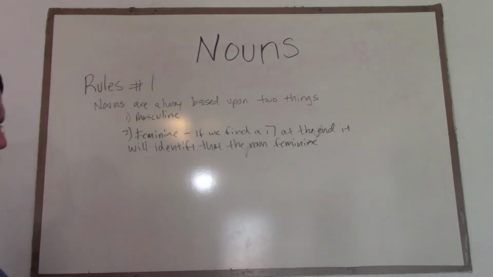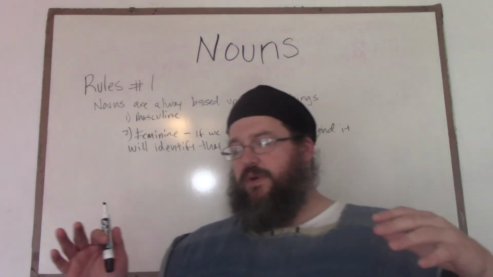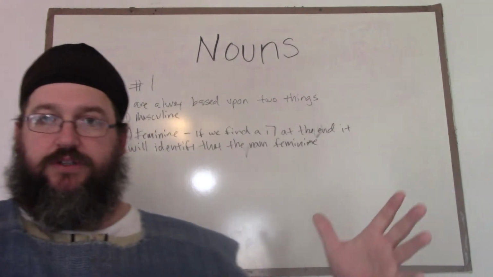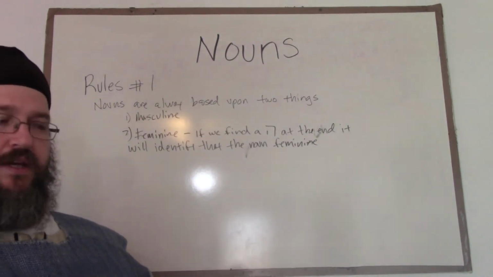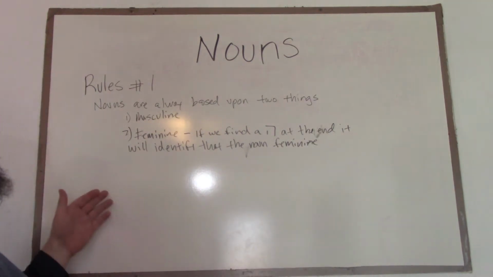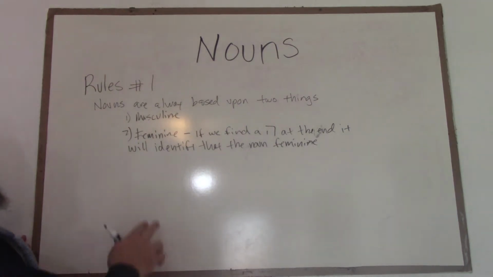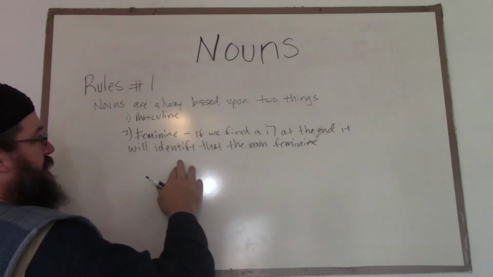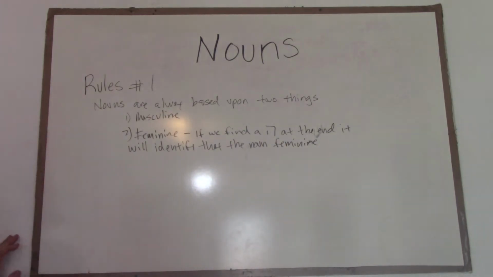I don't even have to look at a noun. I don't even have to know right now how the noun looks. All I know is that there are nouns that exist in Hebrew, and I have to know my alphabet, because feminine nouns are based upon finding a hey at the end, which will identify that this is a noun that is feminine.